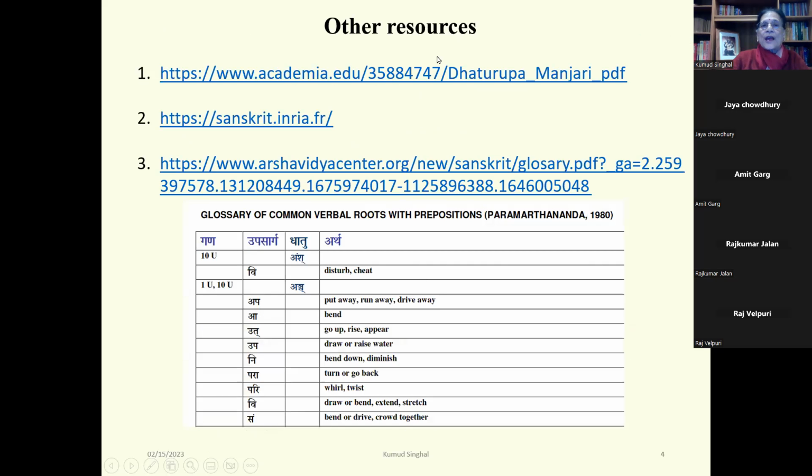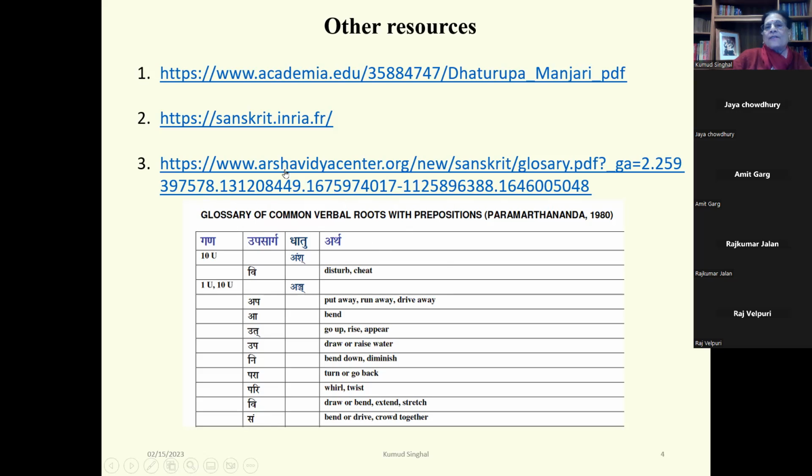Other resources on dhatus are like Dhatu Rupa Manjari. This is a very old book. I have loaded the PDF on the drive. This is another site which I use quite often. And this is the PDF which Swami Paramarthananda compiled in the 1980s, and it gives all the upsargas.